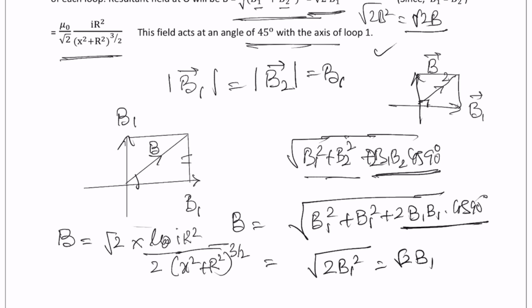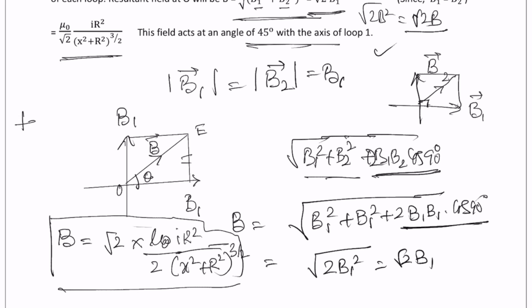Because the resultant magnetic field is a vector quantity, we derived the magnitude. Okay, what will be the direction? Suppose it makes an angle theta. Suppose this is OE. What is the direction of the resultant magnetic field B? So tan theta is given by B1 by B1.